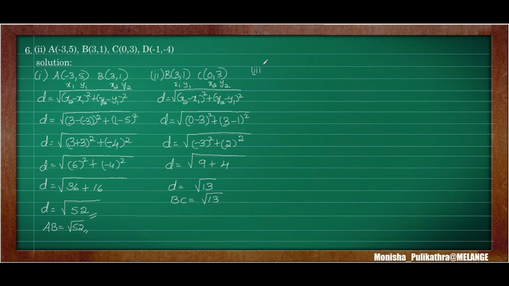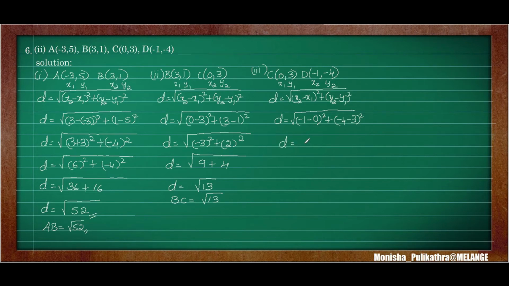Next, moving on to the third case, that is CD. Here C is (0, 3) and D is (-1, -4). So let this be x1, y1 and this be x2, y2. Okay, apply the distance formula. D is equal to square root of (x2 minus x1) whole square plus (y2 minus y1) whole square. So x2 is minus 1 minus x1 is 0, so (minus 1 minus 0) whole square plus y2 is minus 4 minus y1 is 3, so (minus 4 minus 3) whole square.